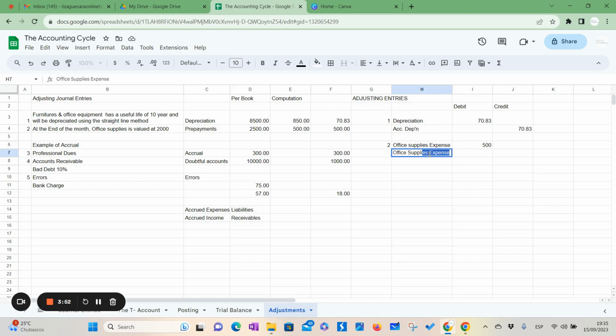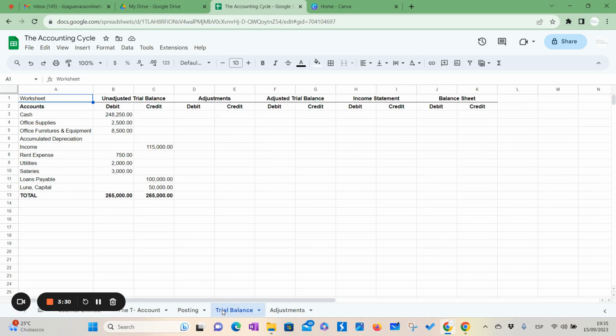This is the asset account. So in effect, we are reducing the asset account to 2,000 by deducting 500. So these two are the adjusting entries that we are going to put in our adjustments here in the worksheet.